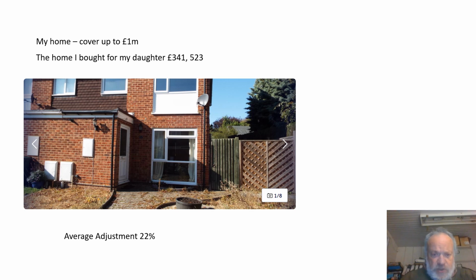I don't know if it was a total loss or not, but the loss adjuster was trying to apply an average adjustment of 22% because he felt that the cover was insufficient. Now, fortunately, I was able to sustain my client's arguments that they got the reinstatement cost about right, and therefore their claim should be met.